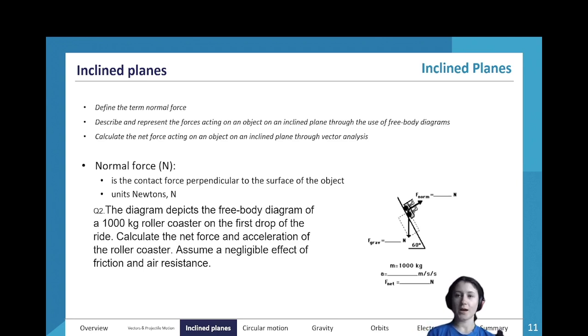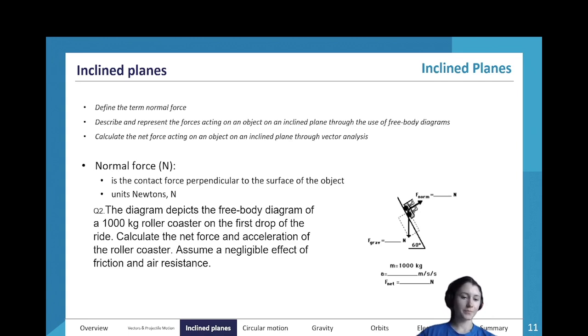So the diagram depicts a free body diagram of a 1,000 kilogram roller coaster on the first drop of a ride. Calculate the net force and acceleration of the roller coaster, and then assume a negligible effect of air resistance and friction.